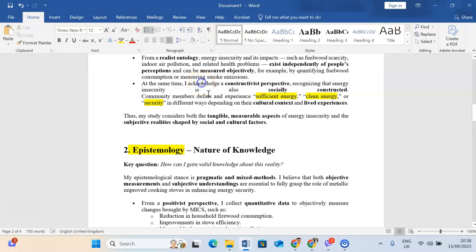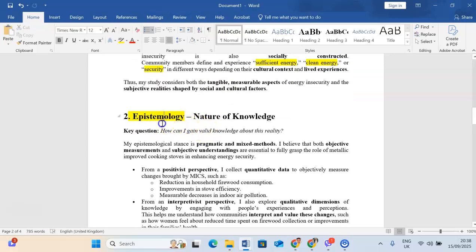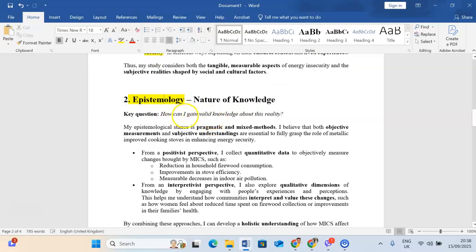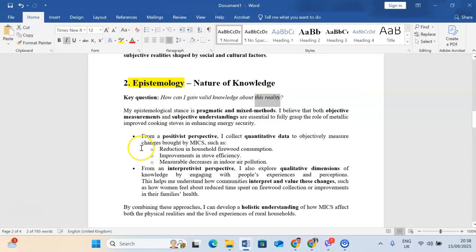We talked about this reality. We talked about a realist ontology and the constructivist perspective. Now going to the second point, it's epistemology, and here we talk about how can I gain valid knowledge about the reality that we just talked about.